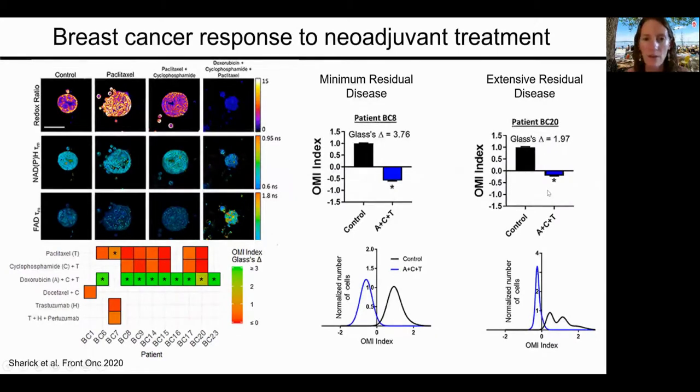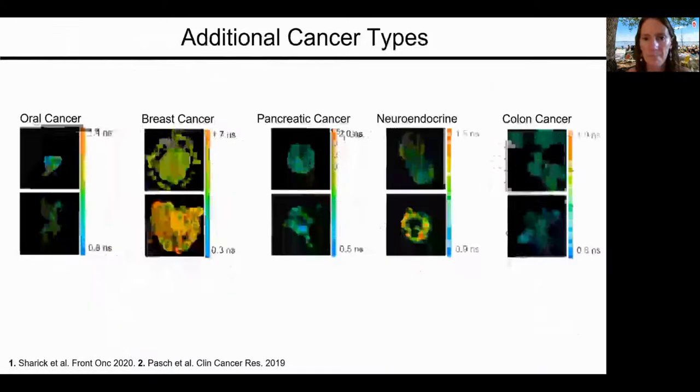When we looked at their tumor organoids for their prescribed treatment, they had a smaller delta, so smaller change in OMI index with treatment, and they had a more heterogeneous tumor before treatment. So again, this is only a few patients and we're trying to put all this data together, but that gives us an indication of what might be the path for breast cancer assessments, especially in the neoadjuvant setting.